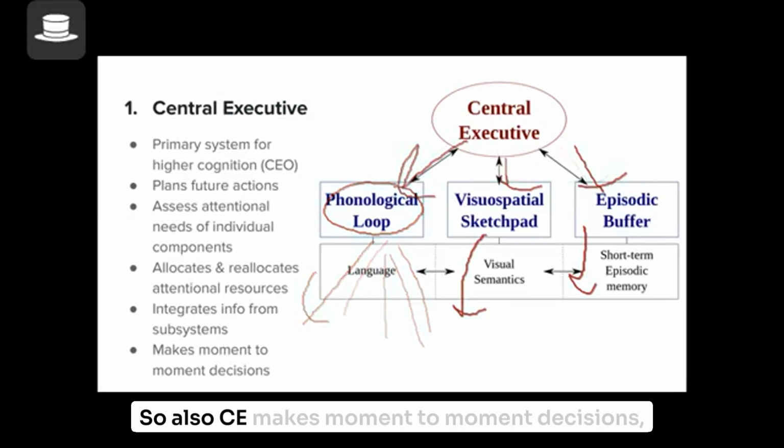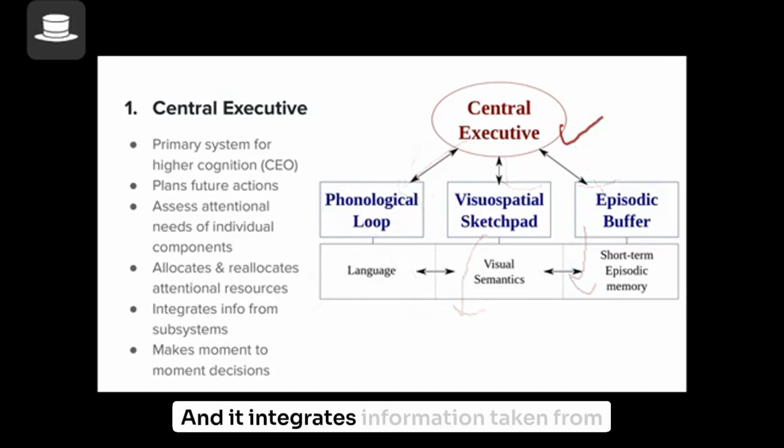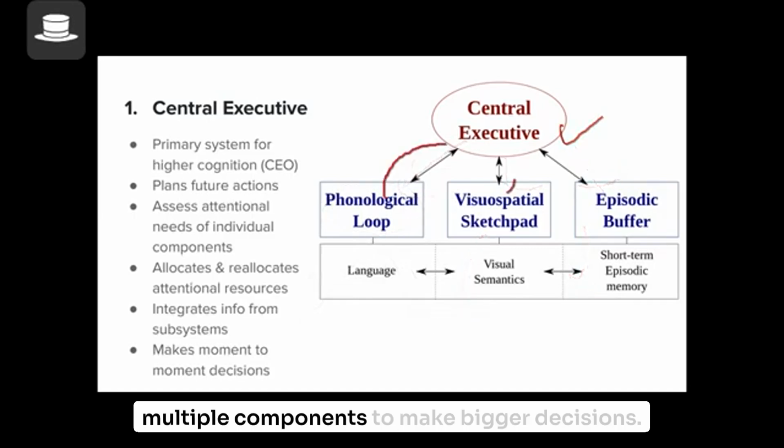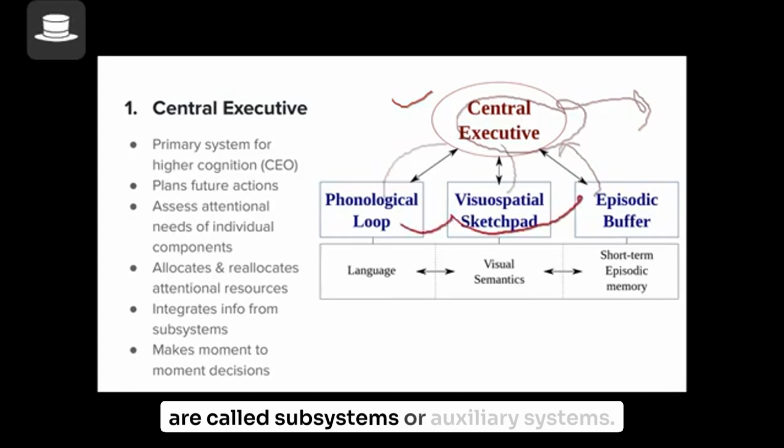So also this person makes moment-to-moment decisions important for higher cognitive functions, and it integrates information taken from multiple components to make bigger decisions. So the central executive is the important part. That's why this is the main system, and these are called subsystems or auxiliary systems.